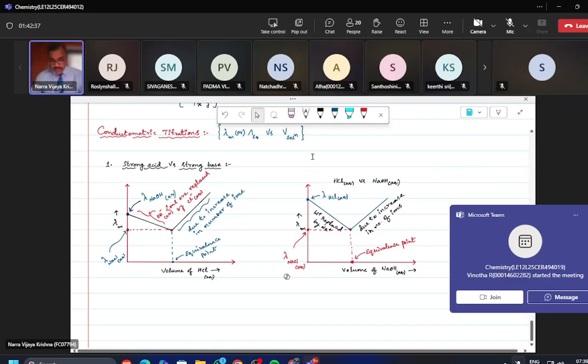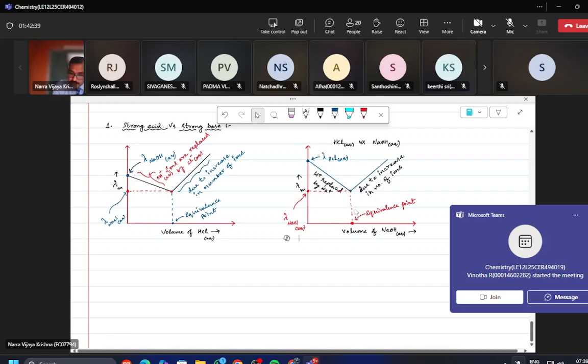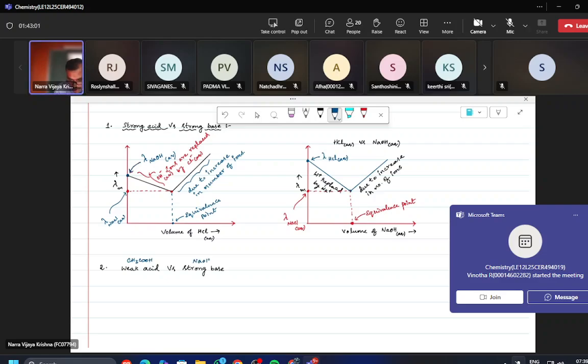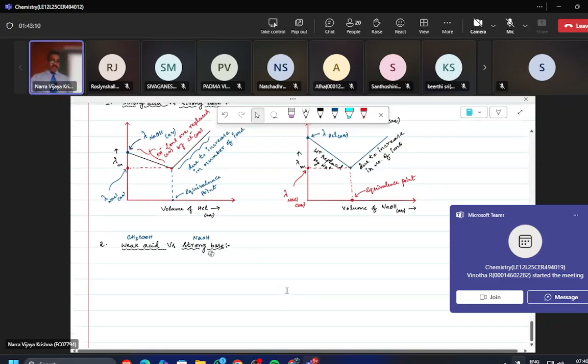Now I am titrating weak acid with strong base. Point number 2. Titration of weak acid versus strong base. I am taking acetic acid as weak acid, NaOH as a strong base. I am doing this titration again.